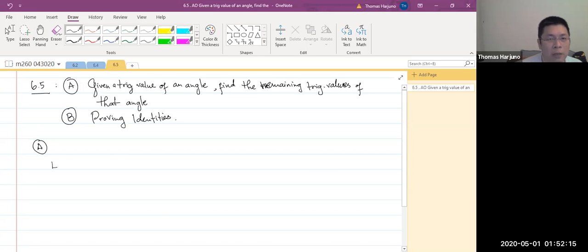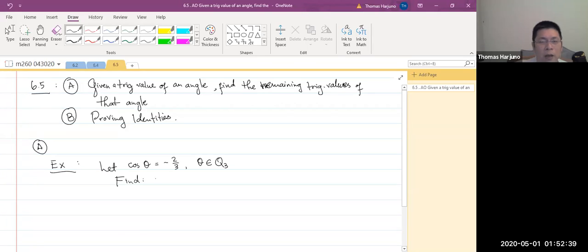Okay. For example, let cosine theta equal negative 2/3, and theta is in quadrant 3. And we want to find the remaining trig values: sine theta, tangent theta, secant theta, cosecant theta.